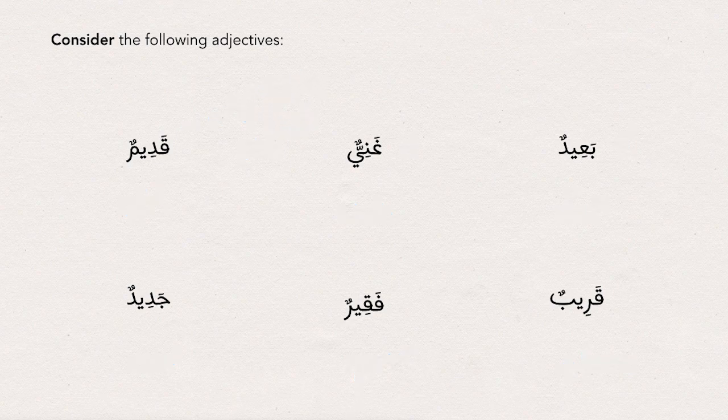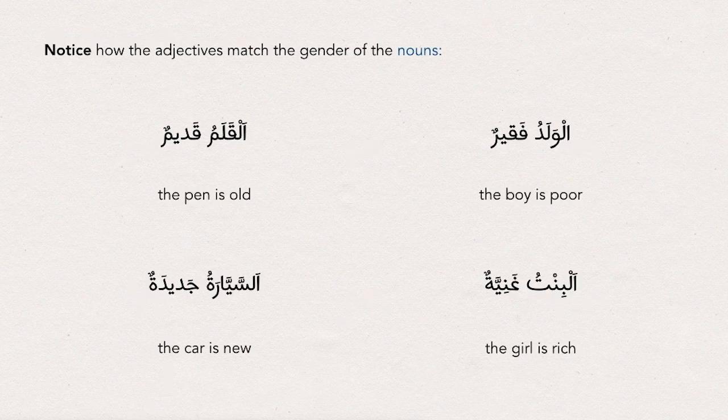So let's have a look at some examples of these adjectives embedded within the sentences which we just described in the previous slide, those definite plus indefinite sentences. One example we've got here is al-waladu faqirun. Definite al-waladu, the boy, and then indefinite faqirun to give us the meaning the boy is poor. So just keep that in mind. No tanween for definite.